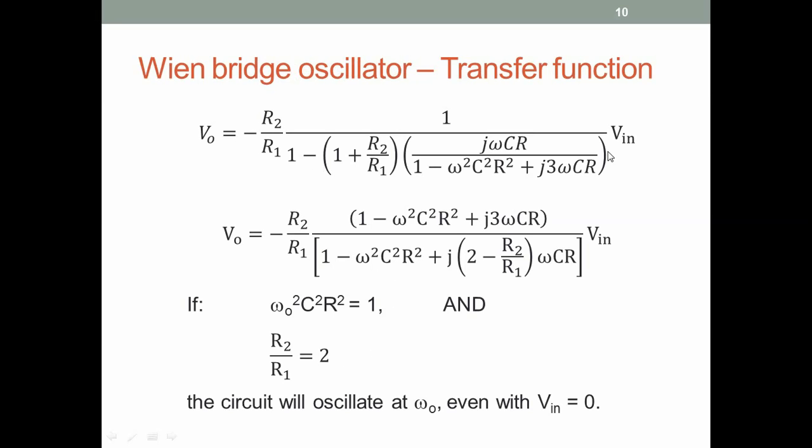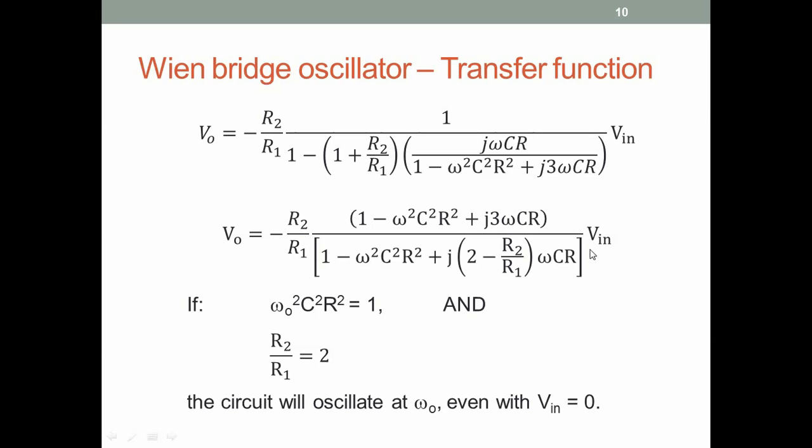Now if we simplify this and write it as a fraction of two polynomials, then this is what we'll get. What we are interested in is the condition where the denominator of this transfer function becomes 0. Because when it does become 0, then with Vin equal to 0, at some frequency omega 0, oscillations will occur.